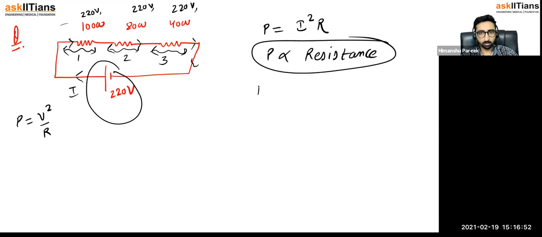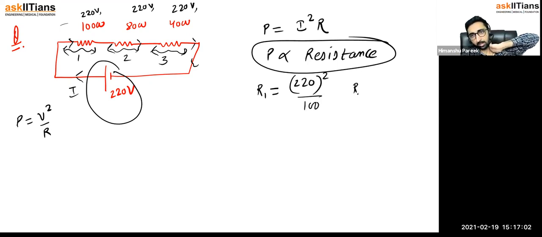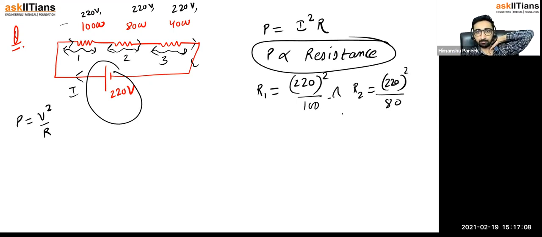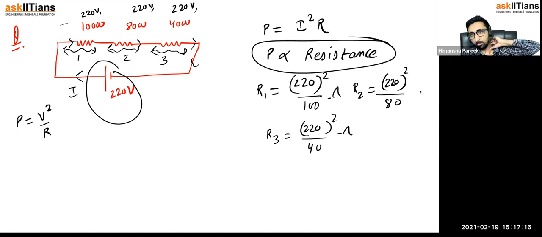For the first one, V square by P: 220 square divided by 100, in ohm. For the second one, 220 square divided by 80. And for the third, 220 square divided by 40.